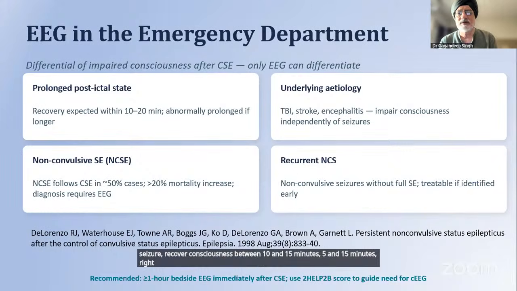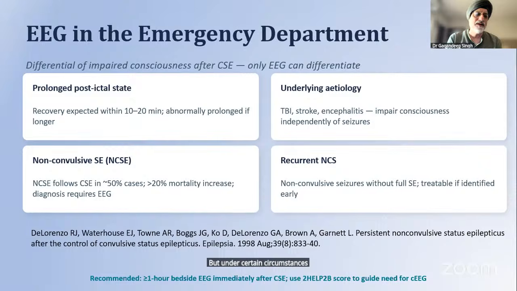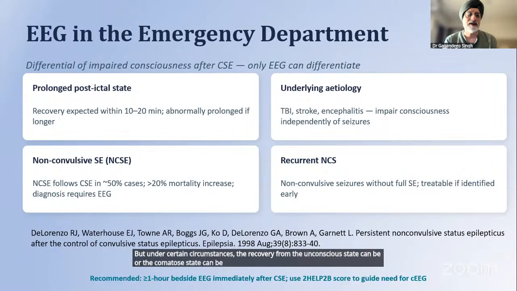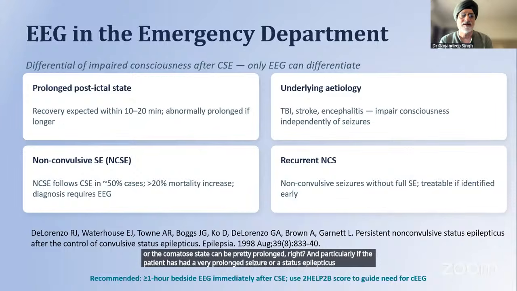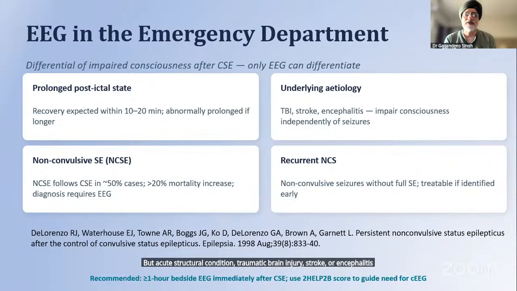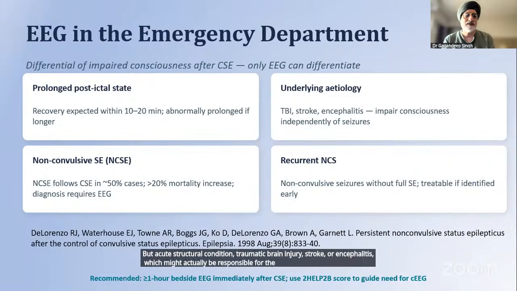But under certain circumstances, the recovery from the comatose state can be pretty prolonged, particularly if the patient has had a very prolonged seizure or a status epilepticus, many recurrent seizures, or if there is some underlying acute structural condition, traumatic brain injury, stroke, or encephalitis, which might actually be responsible for the impaired consciousness, right?